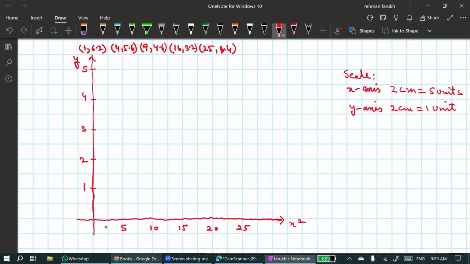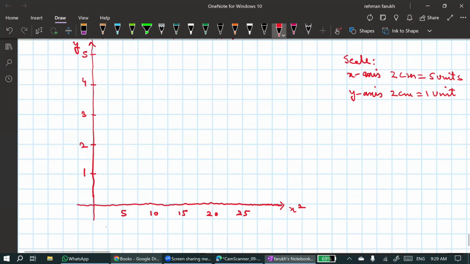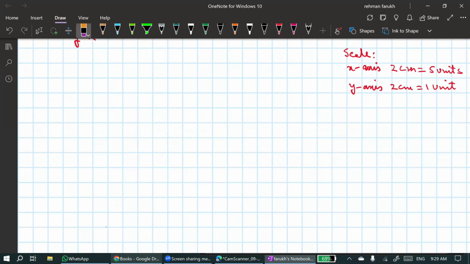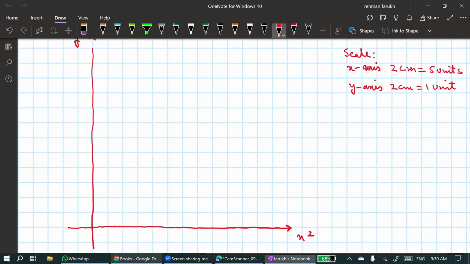Oh, 6.2. Okay. So 1, 2, 3, 4, 5, 6 on the y-axis, and 5, 10, 15, 20, and 25 on the x-axis. 1 and 6.2.